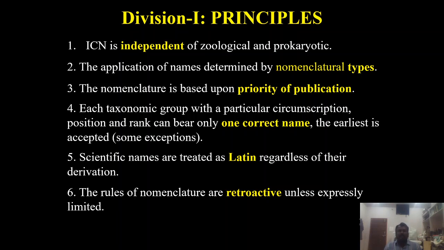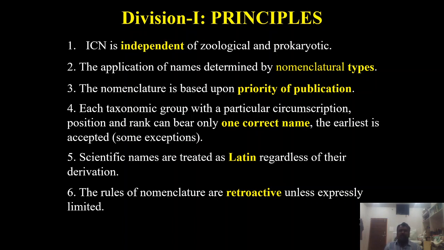There is no connection with zoological or prokaryotic nomenclature. Number 2, the application of names is determined by nomenclatural types. That means there should be a nomenclatural type for each and every taxon. The third is that nomenclature is based upon priority of publication.